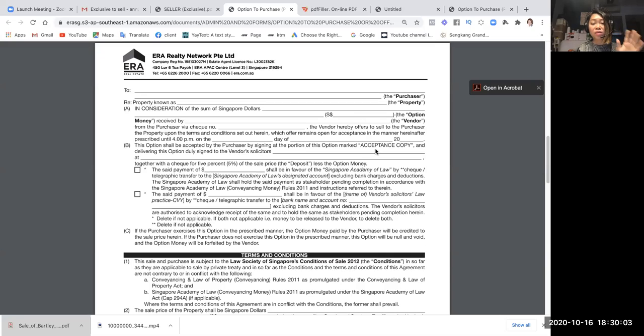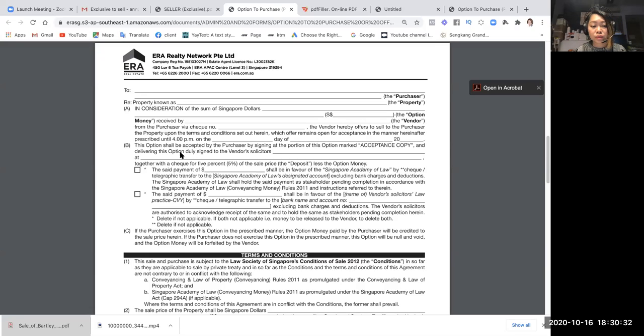When the buyer is ready to accept and exercise, he will go down to his own lawyer's office to sign. Then the buyer's lawyers will deliver this duly signed copy to the seller's solicitor side. This date will be the expiry of the exercise date.